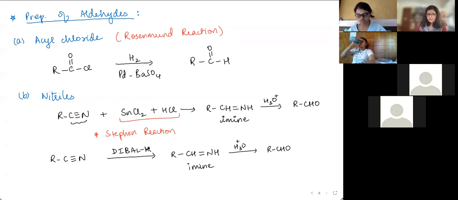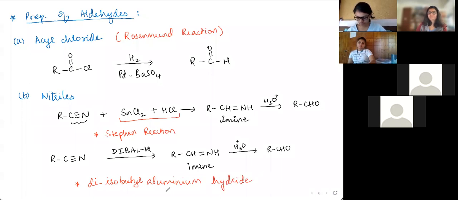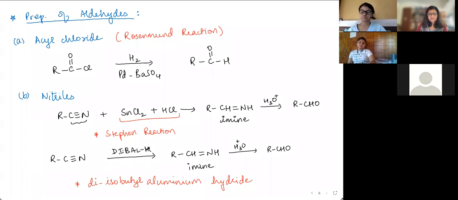Dibal H, the full form for this is diisobutyl aluminium hydride. It's a very self-explanatory name.